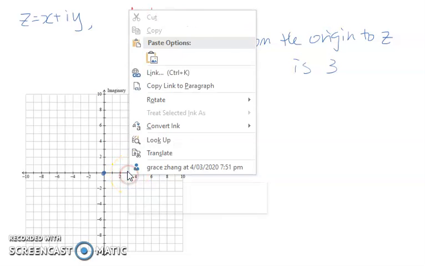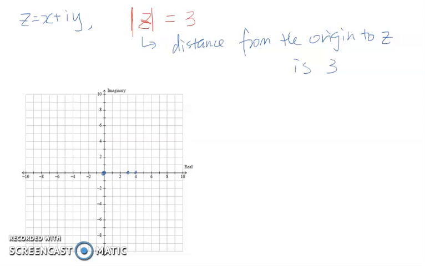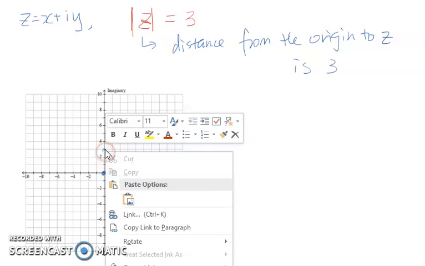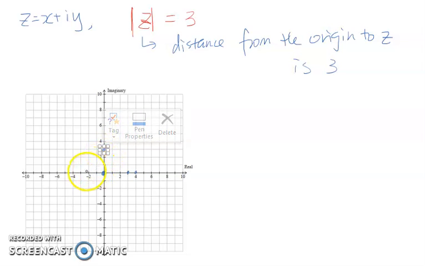So we can say this can be the point. But I also can say this is another point where it has a distance of 3 as well. And this is also another point. And I can just keep tracing it. I can actually have many points on this pathway that has a distance of 3.